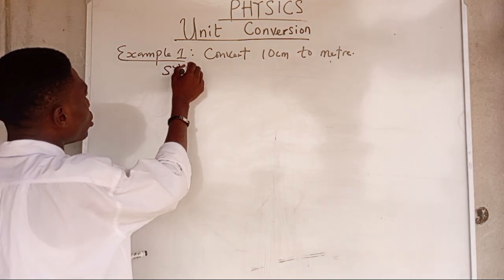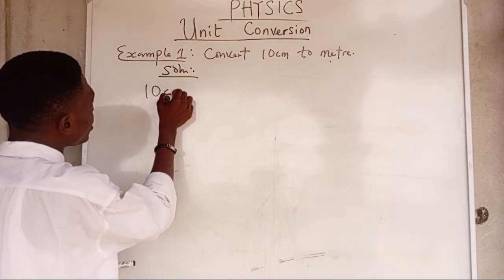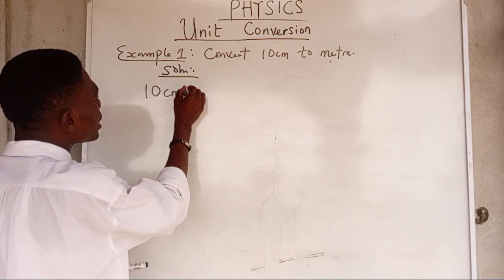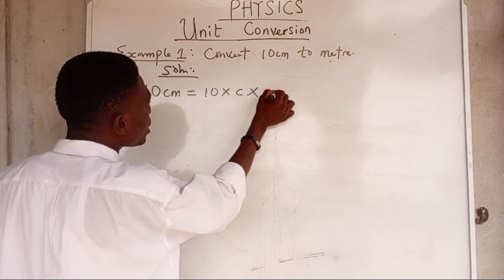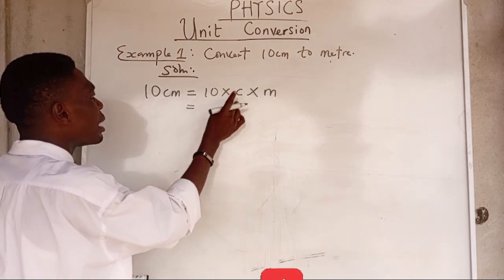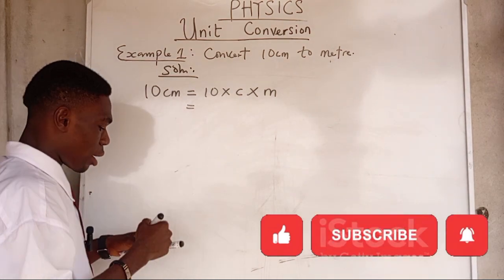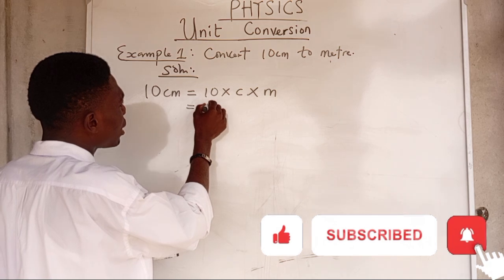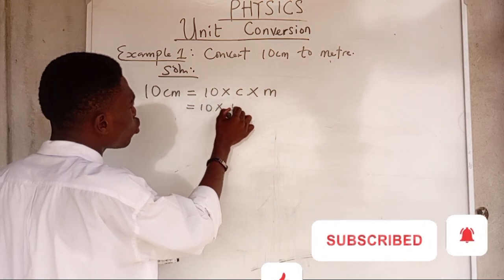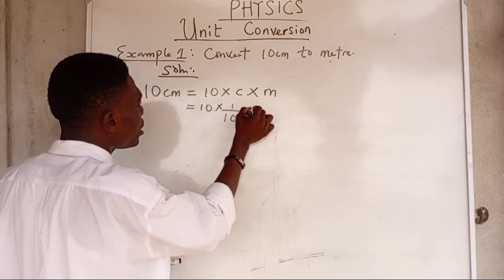So you have the solution. You are looking at 10 centimeter here. Now 10 centimeter is equal to what? 10 times centi times meter. And then we have learned that centi is 10 to the power of minus 2. And 10 to the power of minus 2 is 1 over 100. So we have 10 times, instead of centi, I'll put 1 over 100, then meter.